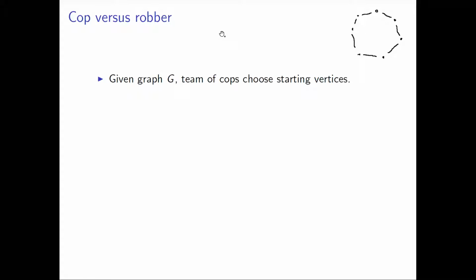That'll be G. And at the beginning of the game, the team of cops choose their starting vertices. We might have only one cop on our team, or any number of cops. We could have 10 cops, we could have 2 cops. Let's say in this case, we have 2 cops. And we'll put one of them right here and one of them right here. So those will be the starting positions for the 2 cops.